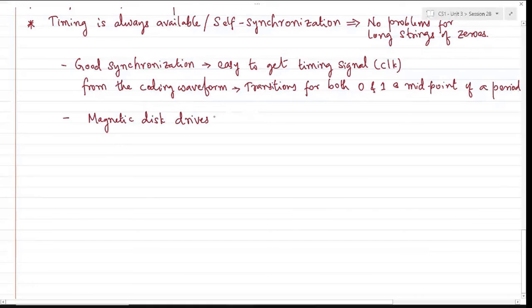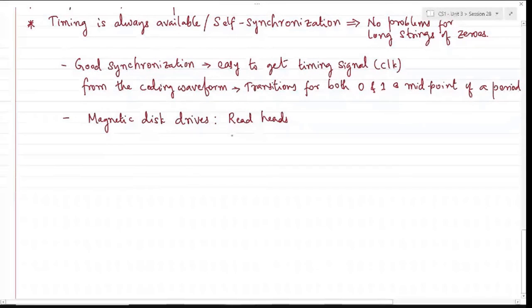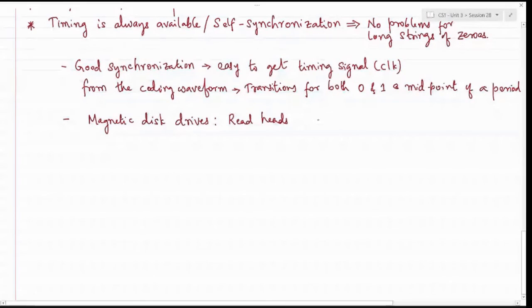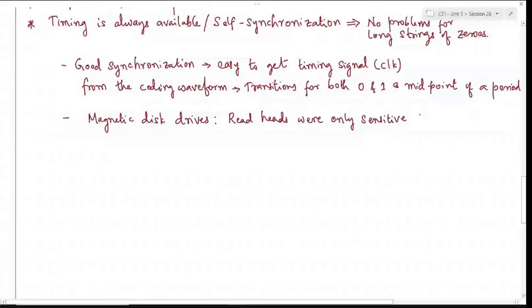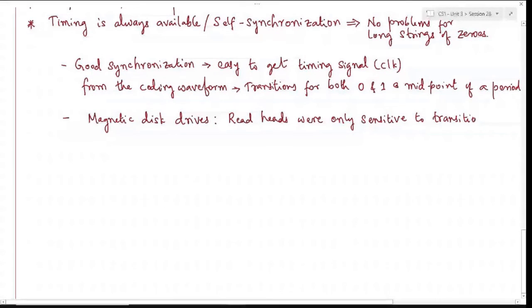There was a requirement of read heads, the header of the magnetic disk which reads the data, and these read heads were sensitive only to transitions, which were governed by magnetization.